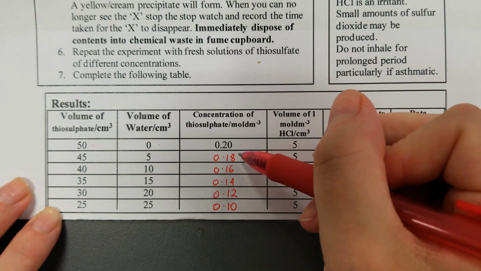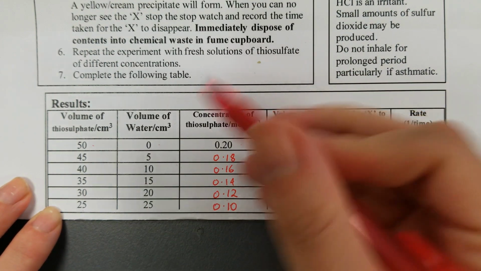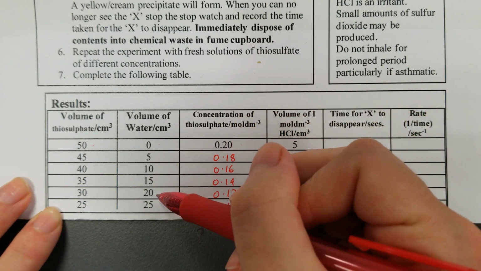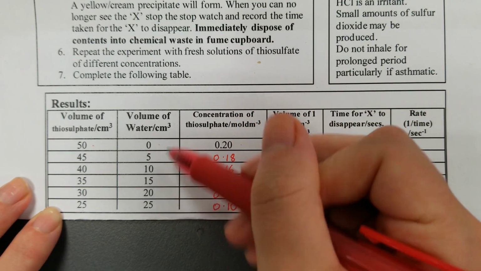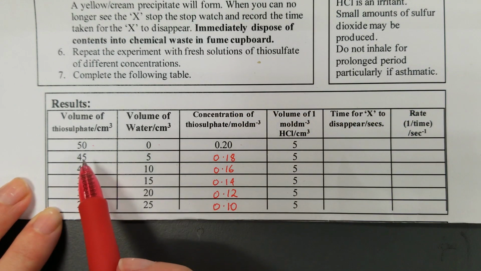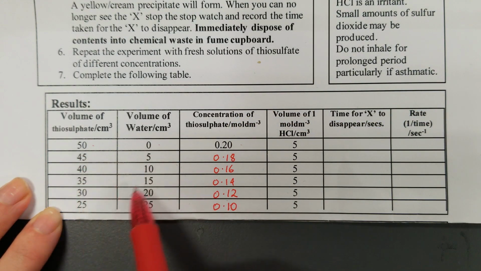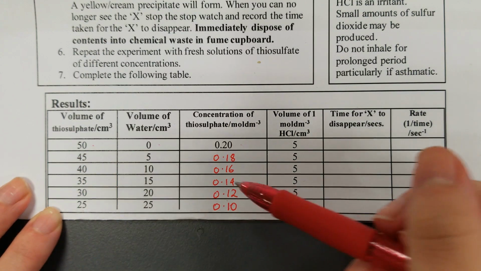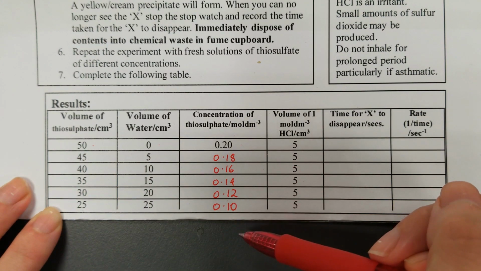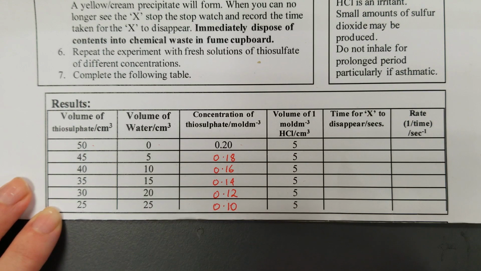So we're changing it by 0.02 each time as we dilute it by 5 centimetres cubed extra of water. Okay, note we're keeping the actual volume, the total volume, constant by doing this. They all add up to 50, which is very important, otherwise the concentration wouldn't be changing very much. It wouldn't be the same change in concentration every time. Okay, so now on to the practical.